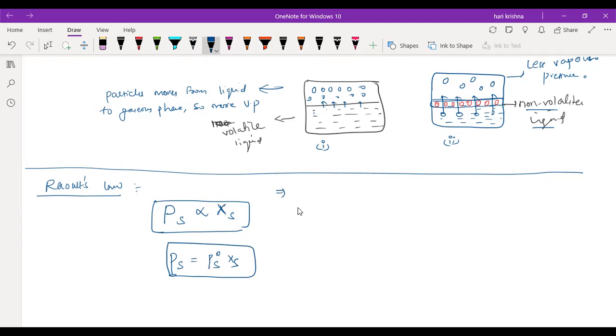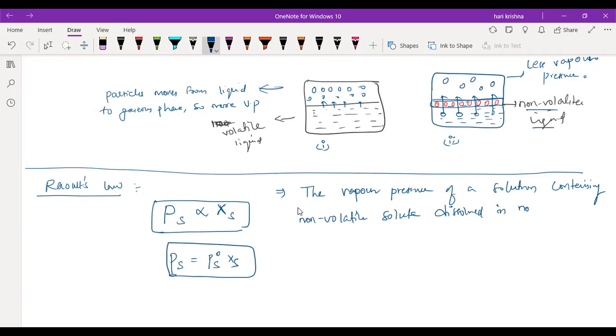If you want a definition: the vapor pressure of a solution containing non-volatile solute dissolved in volatile solvent is directly proportional to the mole fraction of that component.